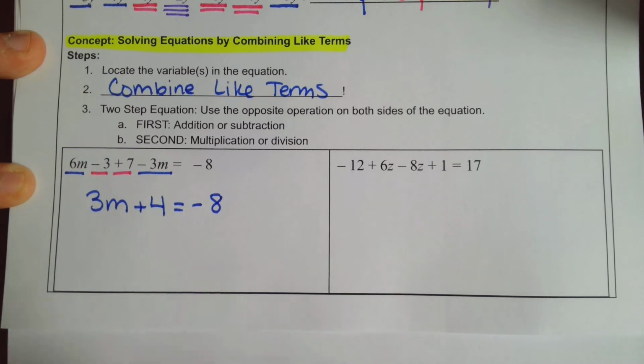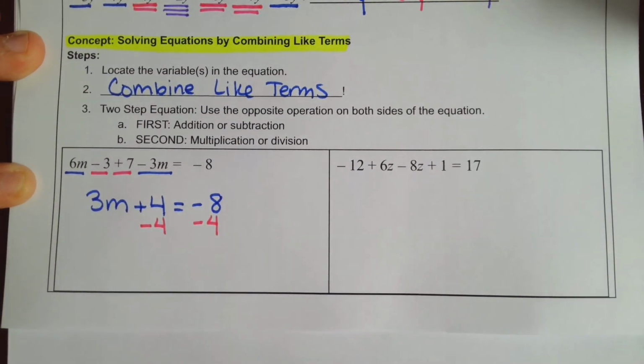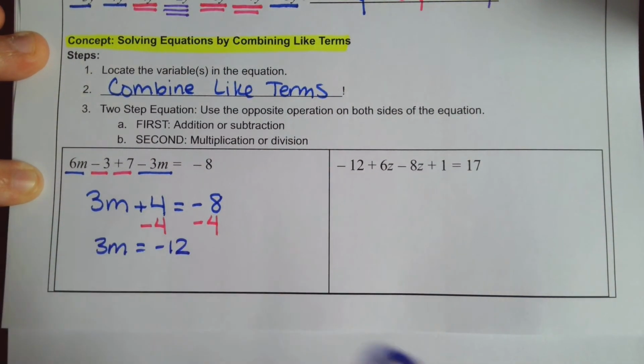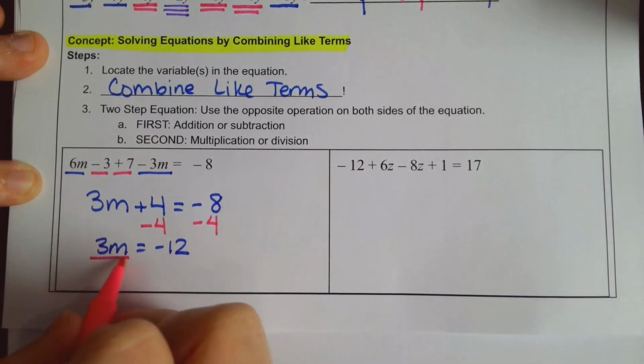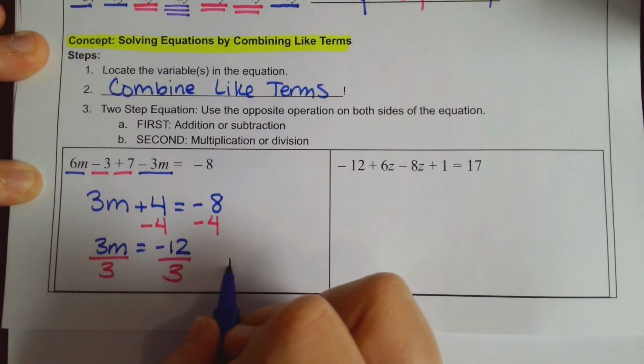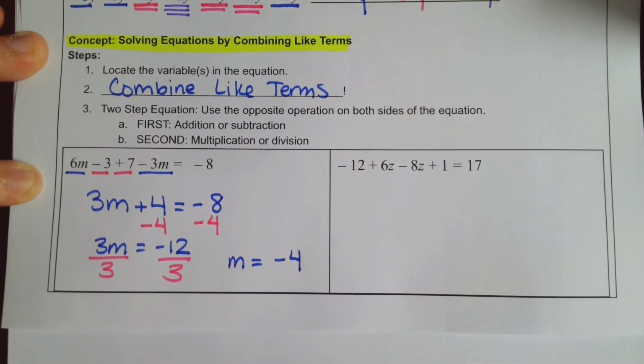Now we solve it as we normally would. Subtract 4. So 3m is equal to negative 12. And then divide by 3. So m is equal to negative 4.